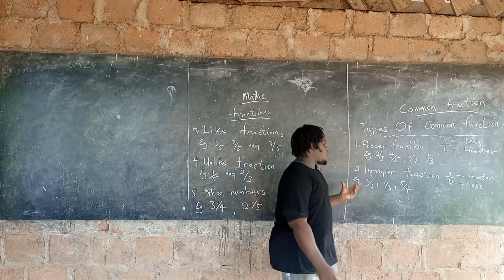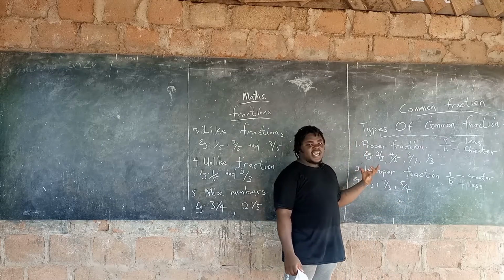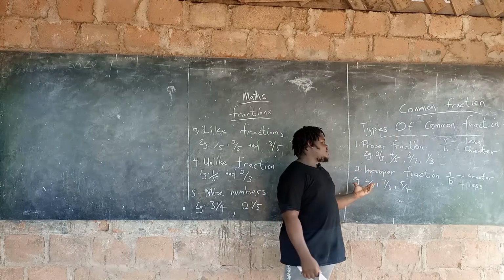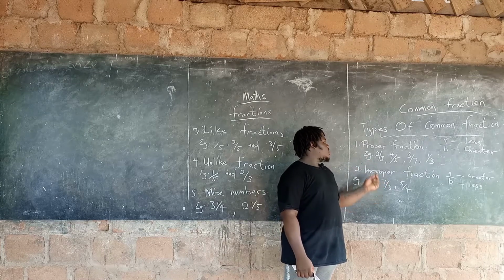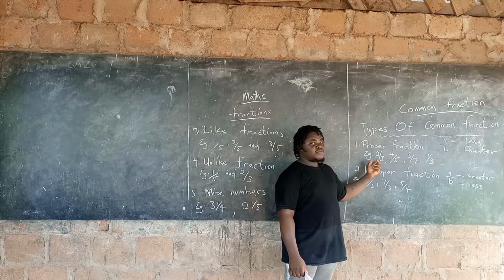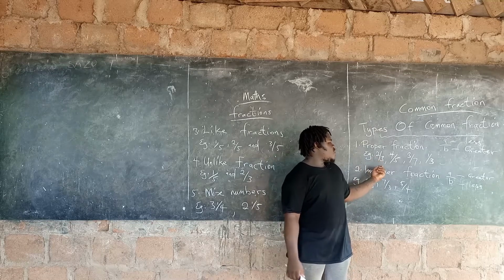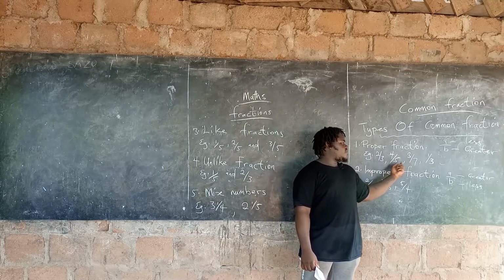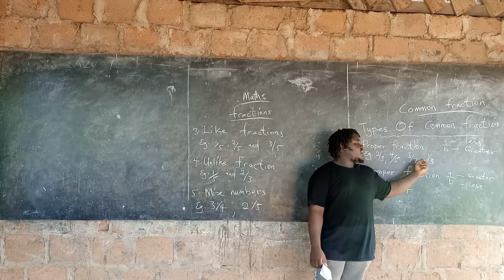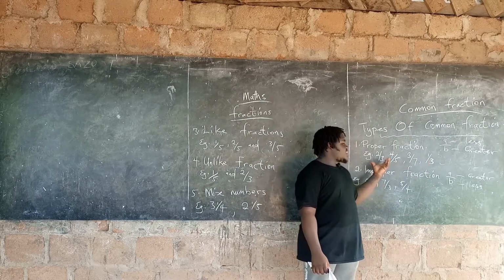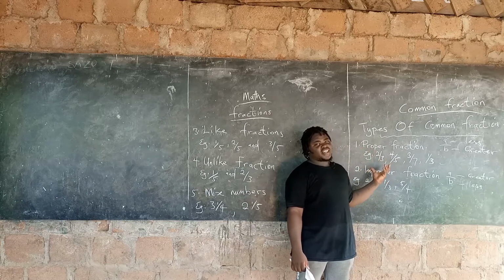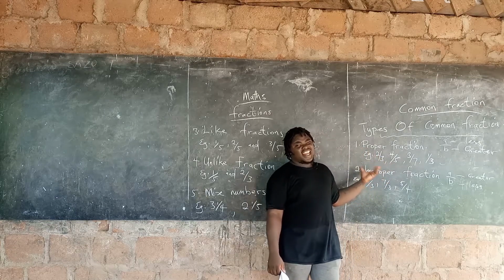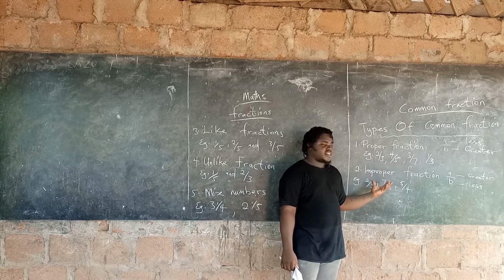So whenever you see a fraction where the numerator is less than the denominator, it is a proper fraction. For example, we have 2 over 3, 4 over 5, 3 over 7, and 1 over 3. These are proper fractions because the numerators are lesser than the denominators.